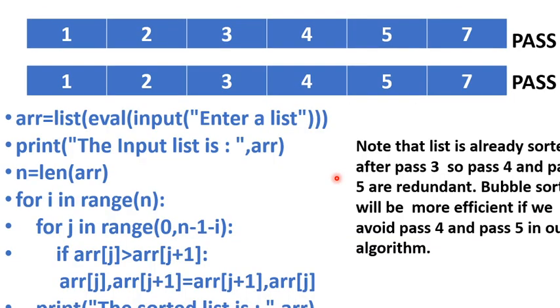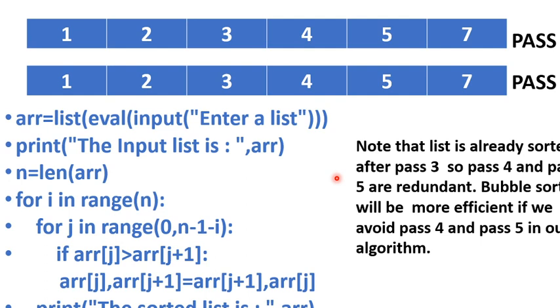So pass 4 and pass 5 will also run, but in pass 4 and pass 5 there is nothing to change because the list is already sorted. So here is a note that the list is already sorted after pass 3. So pass 4 and pass 5 are redundant.